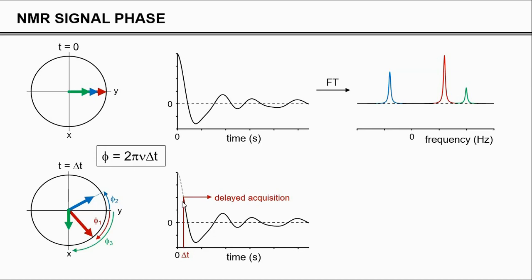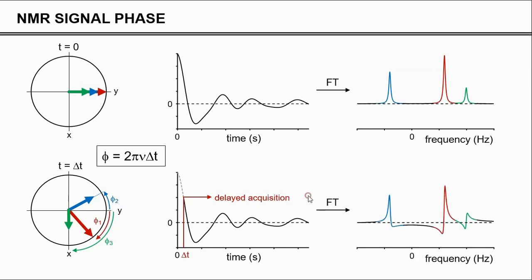If we then start signal acquisition and we do Fourier transformation, we're going to get a spectrum in which each peak, each line has a different phase. It is clear that you're not able to phase correct it as we did earlier, because if we get the red peak in phase, the blue peak and the green peak will not be in phase.